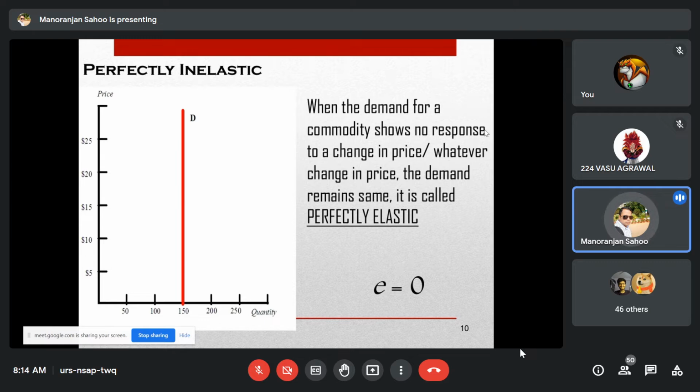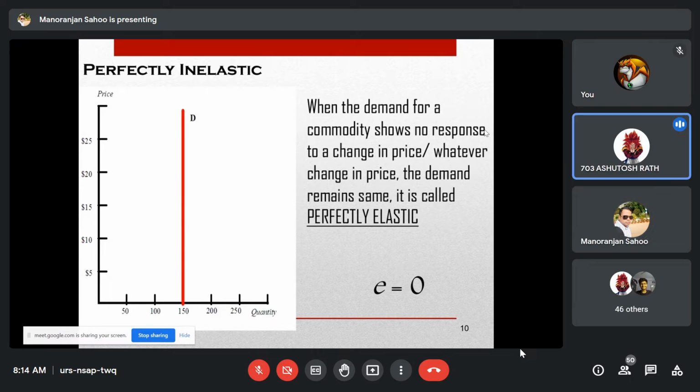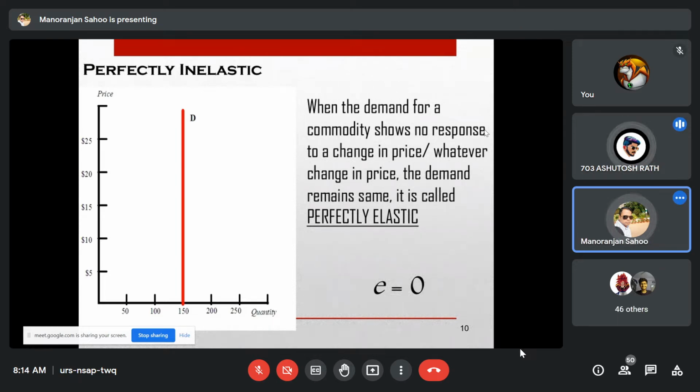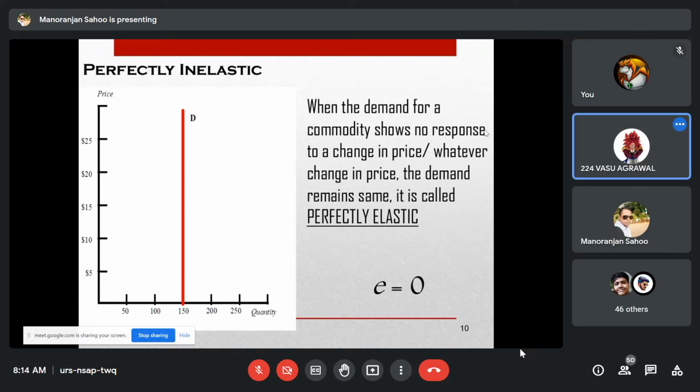You are demanding the same amount. Is there any example? Electricity. Yes, gas and water supply, fuel. Tea and coffee, how will it be? If the price of tea increases, will you not consume it, or are you going to consume the same amount?